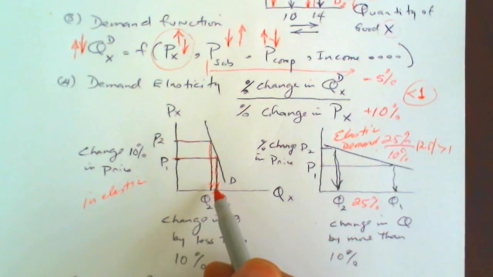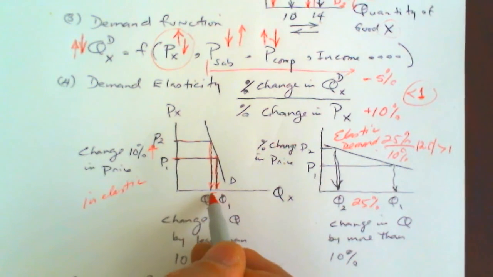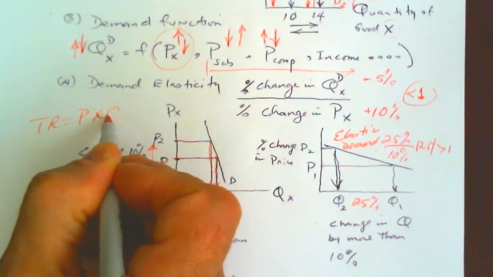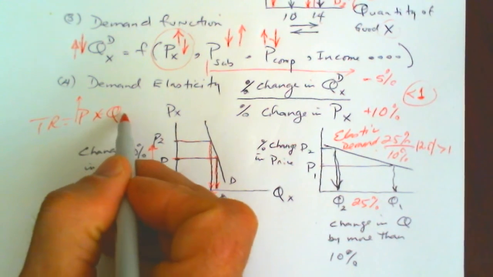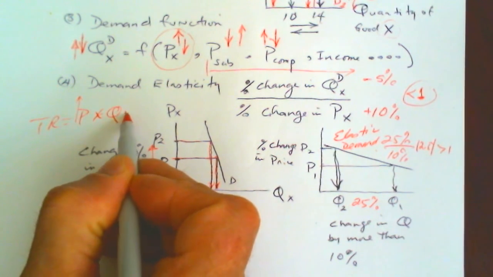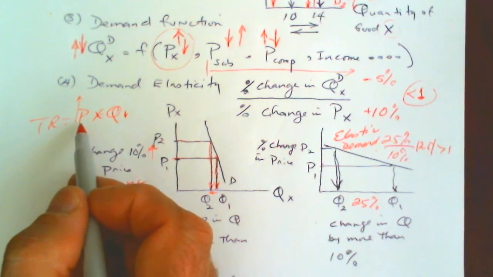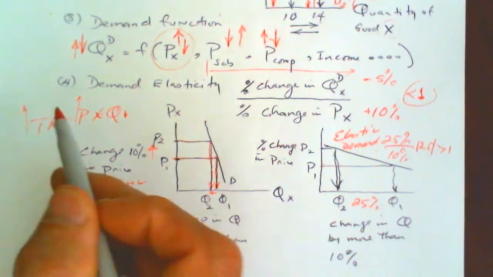In this case, because consumers are not extremely price sensitive, if you raise the price, you don't lose many customers, and you can benefit from this move because total revenue is price times quantity. So you raise price, some small change in quantity, but the overall increase in price outweighs the loss of sales, and total revenue will be higher.